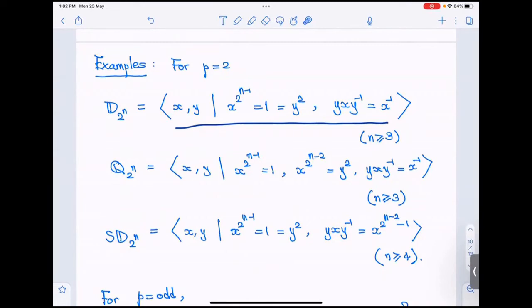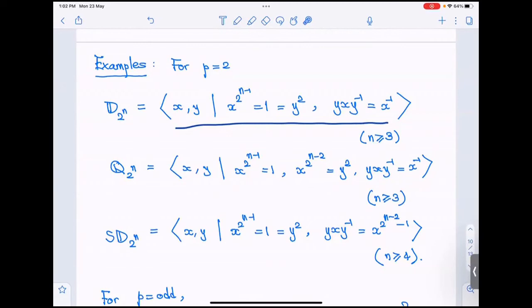You look at a group of dihedral type of order 2^(n+1), amalgam certain subgroups, and then you end up getting this group. So these three are examples of finite 2-groups of maximal class. And there is a theorem which says that any 2-group of maximal class should be one of these three. So there are pretty much three distinct types of these groups.